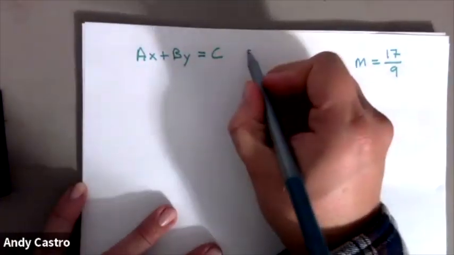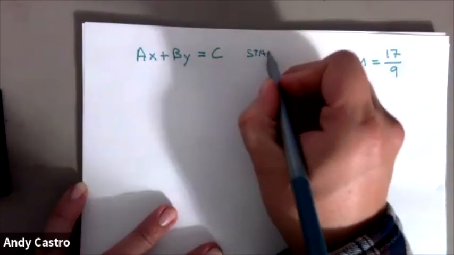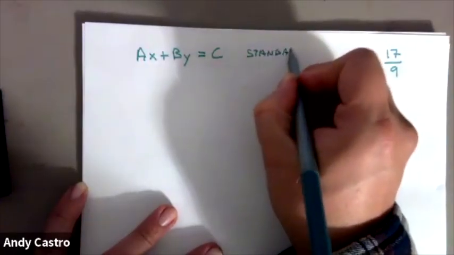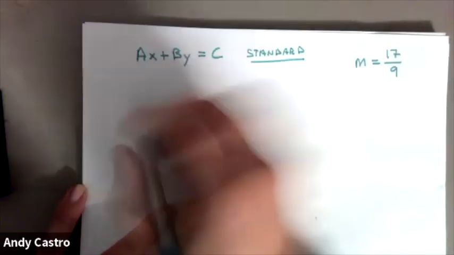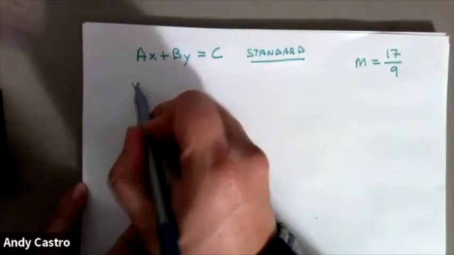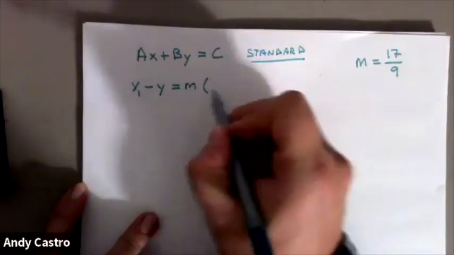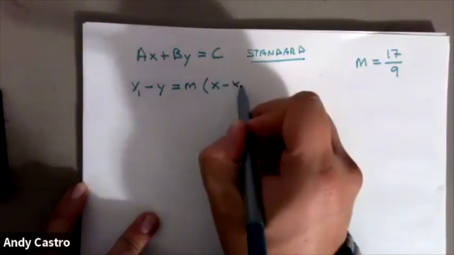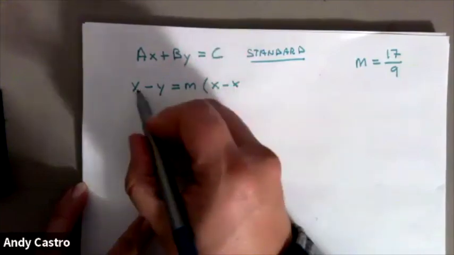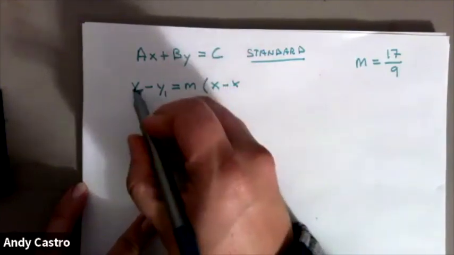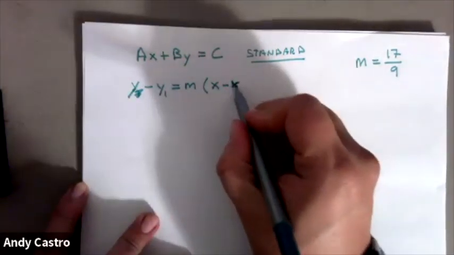Okay, this is called standard. Then you have y minus y1, then x minus x1.